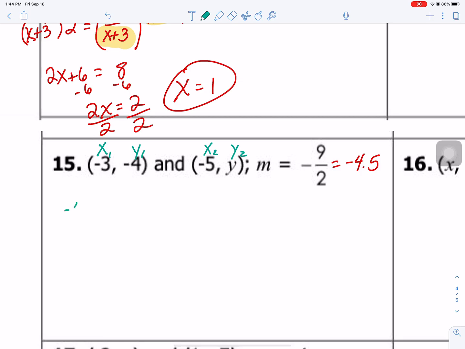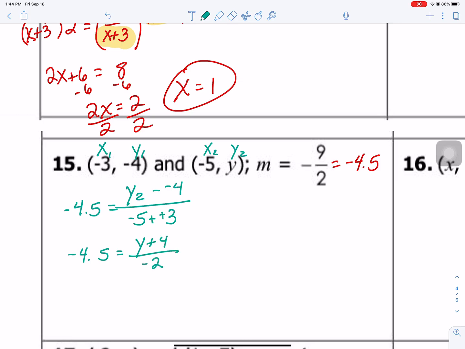Our slope formula starts out with our m and our y2 minus y1 over x2 minus x1. And then I'm going to simplify this a little bit. I didn't need to write y2. I should just have y plus 4, keep it a little bit simpler, over negative 2. To undo that fraction, I'm going to multiply by the denominator.